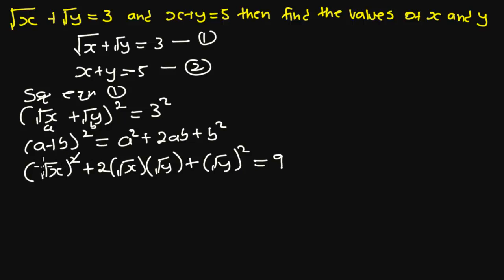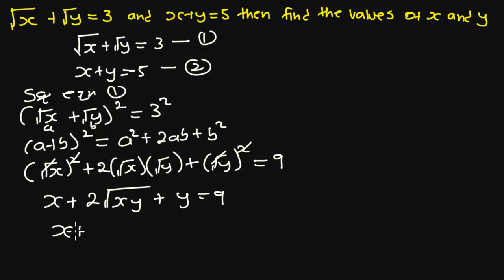From here, the squared over here will take care of the square root. So you are going to be left with x plus 2 multiplying the square root of xy plus y is equal to 9. So we can rearrange the equation as x plus y plus 2 multiplying the square root of xy is equal to 9. And from equation 2, x plus y is equal to 5. So in place of x plus y, I'm going to write 5 over there.